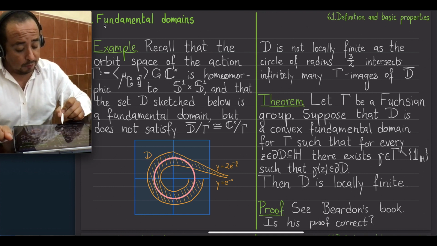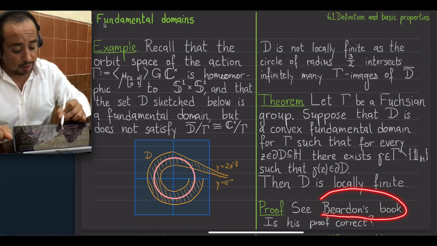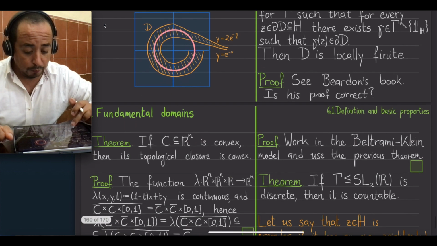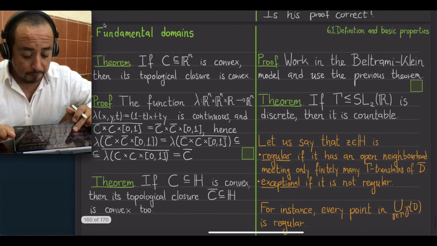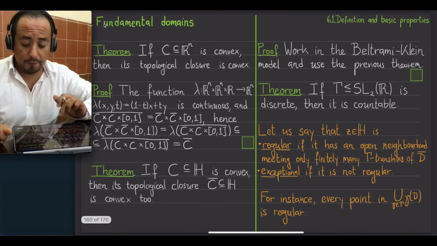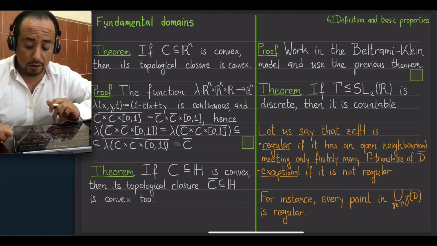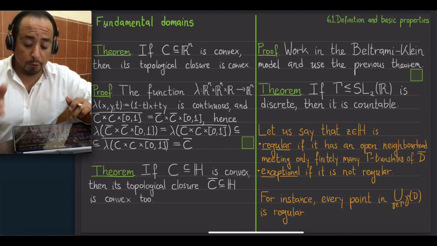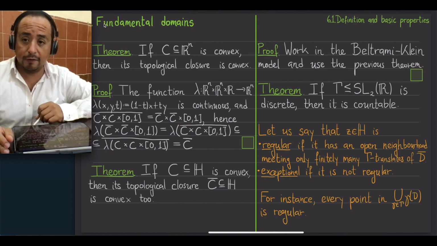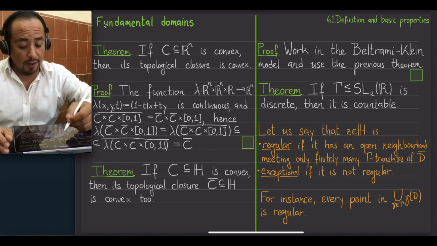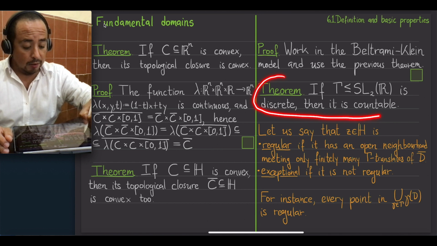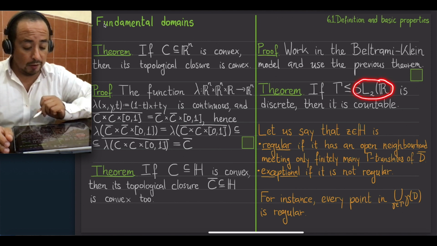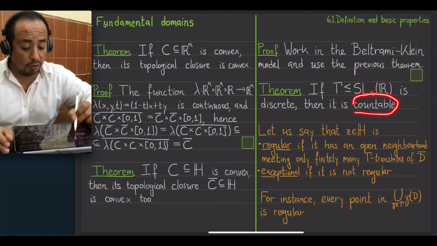Now, in the process of trying to prepare a lecture with the proof, I had to prove some statements that Beardon doesn't really include. So today's class I'm going to start with some scattered results. First about convex sets, then a nice theorem which states that any discrete subgroup of SL2R is countable, so that it cannot be uncountable.